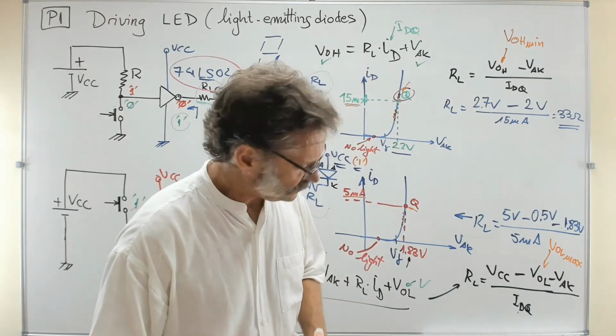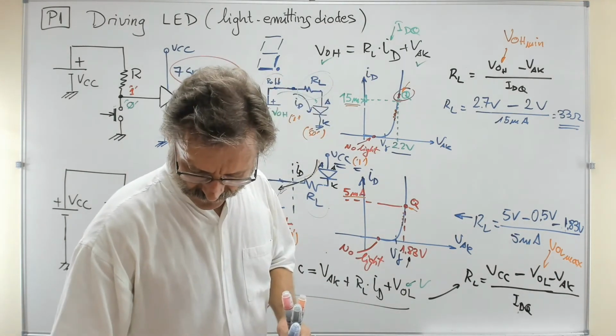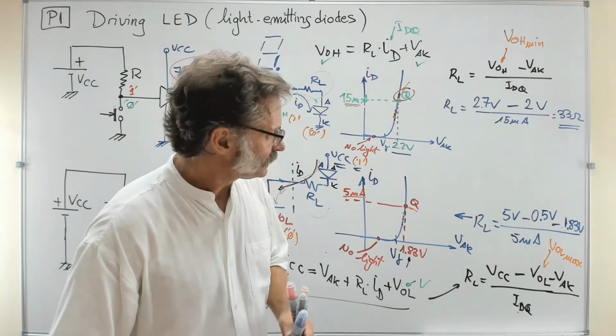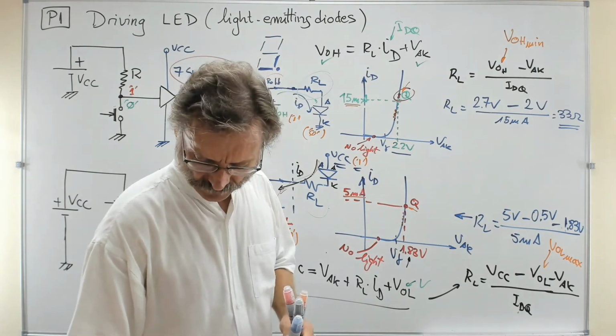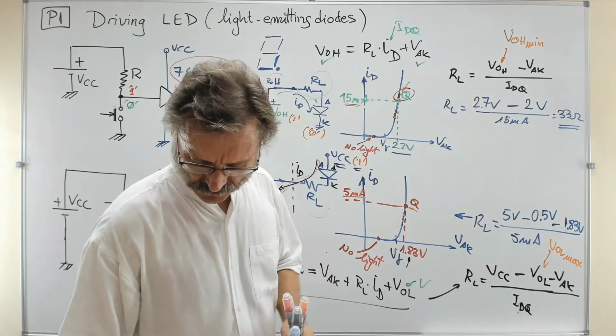I guess this is 350 or 60, so let me calculate it again. It is 4.5 minus 1.83 divided by 5 milliamps, so 534 ohms.